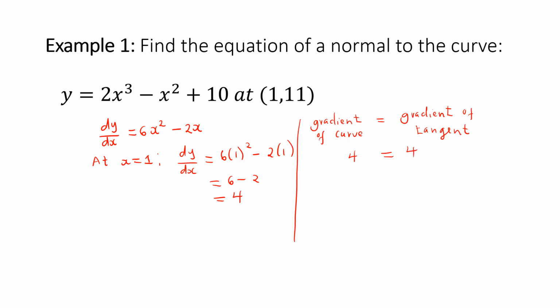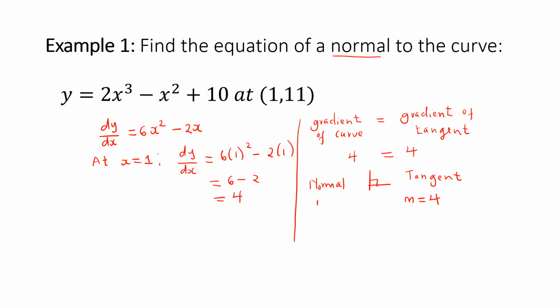But we are looking for the equation of the normal to the curve. We have noted that the normal is perpendicular to the tangent. So given that the gradient of the tangent is 4, we can say this is 4.